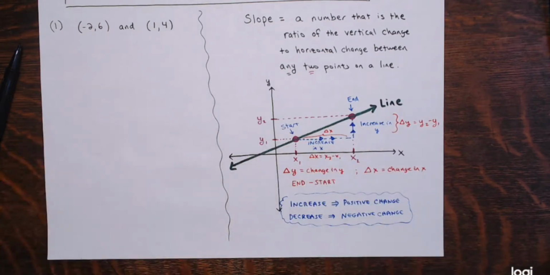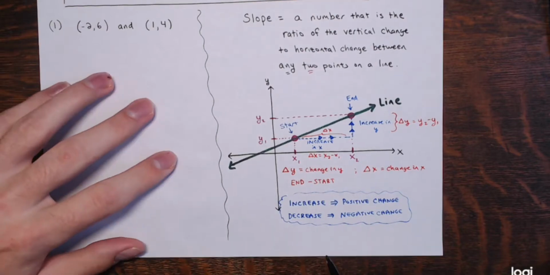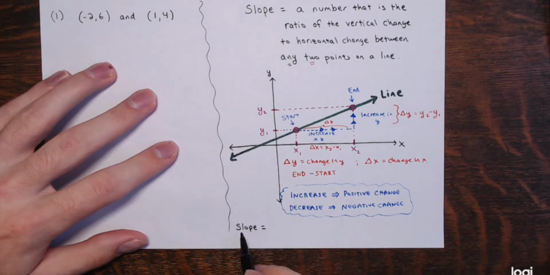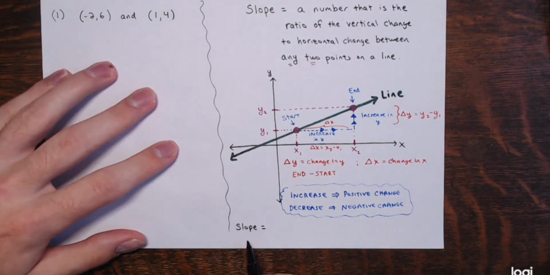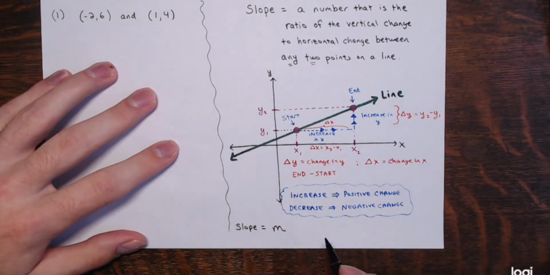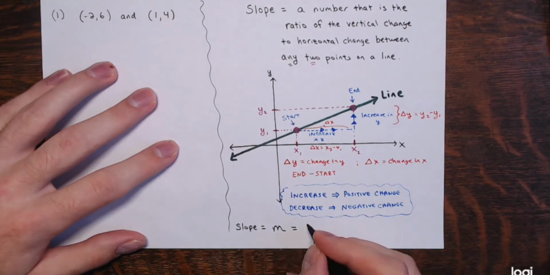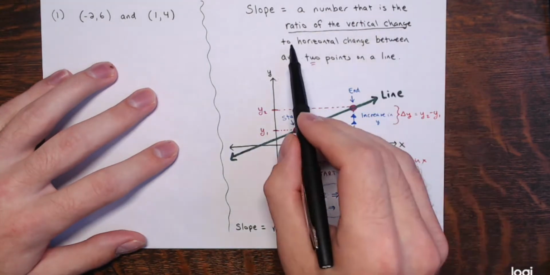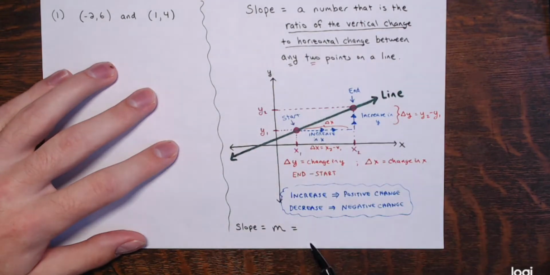And the slope of this line, instead of writing out the word slope all the time, is usually represented by a lowercase m. It's from the French monter, to go up, to rise. I believe that's where it came from. Anyway, the slope is the ratio of the vertical change to the horizontal change, a fraction.